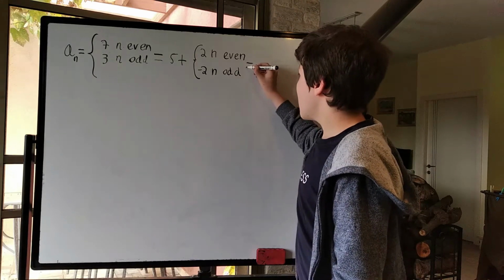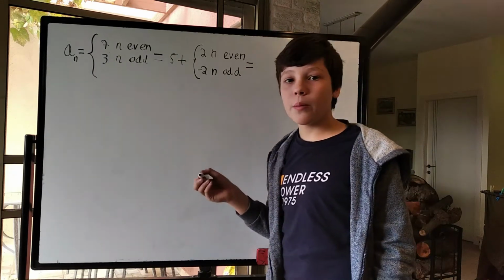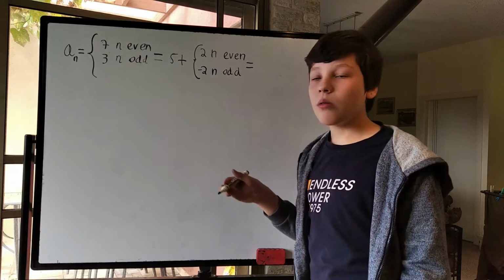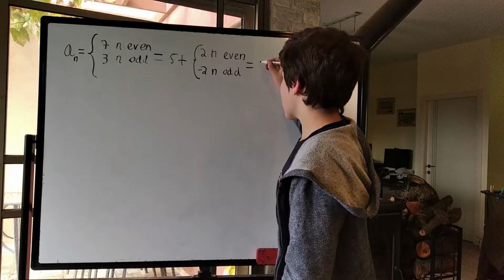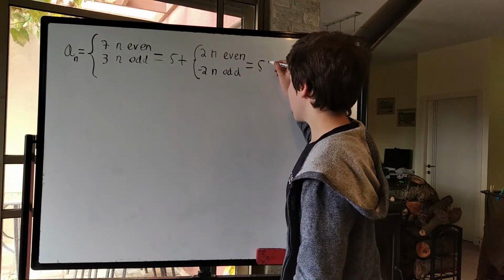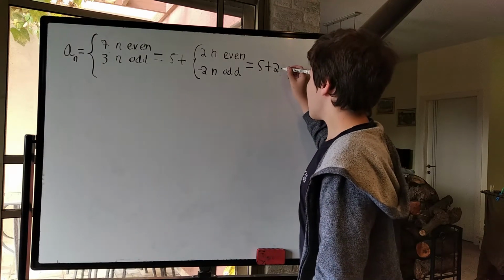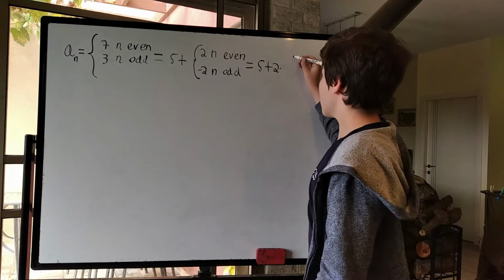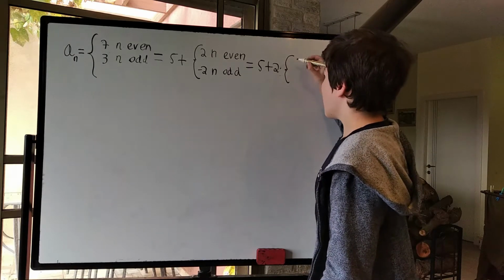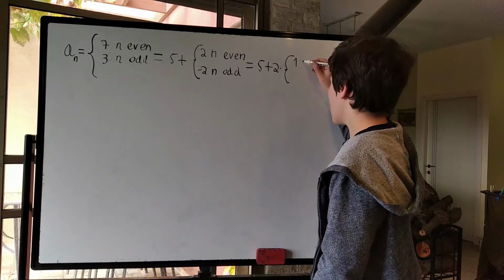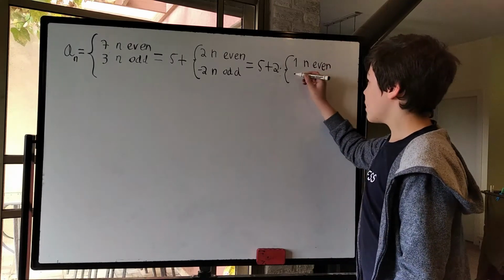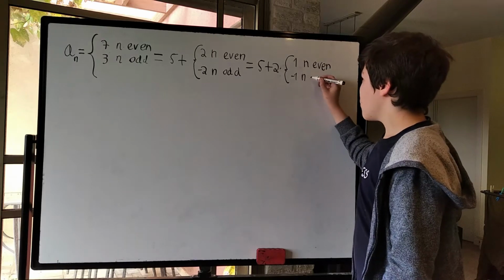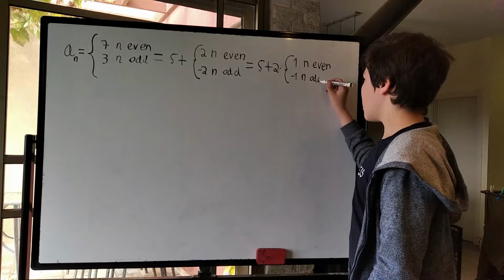Now, we're going to do a similar thing, but with multiplication. We're going to take a 2 out of these. So it's going to be 5 plus 2 times 1 when n is even, and negative 1 when n is odd.